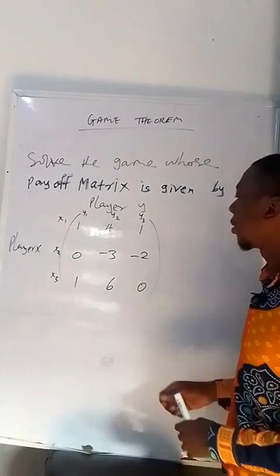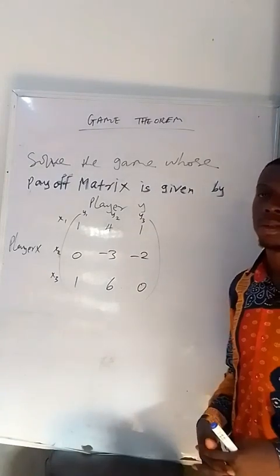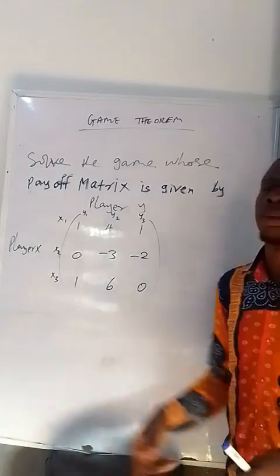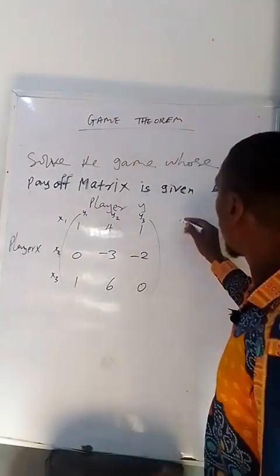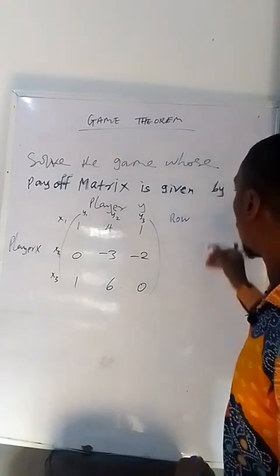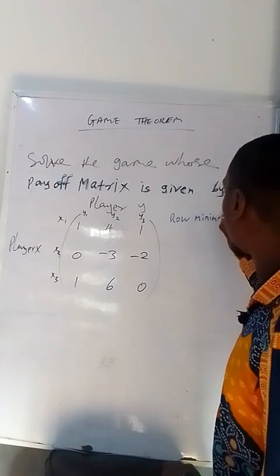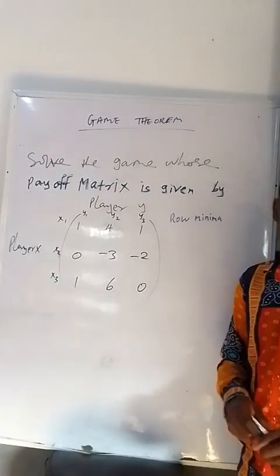To solve this, we need to consider the row minimum, the minimum among the row. So here is our row, and we will look at the minimal value.